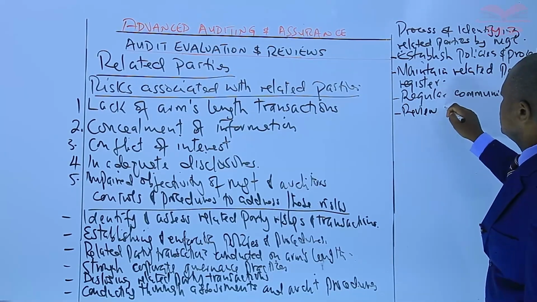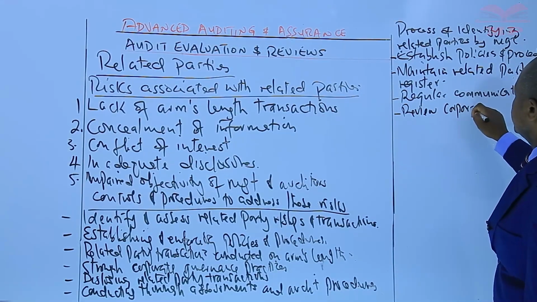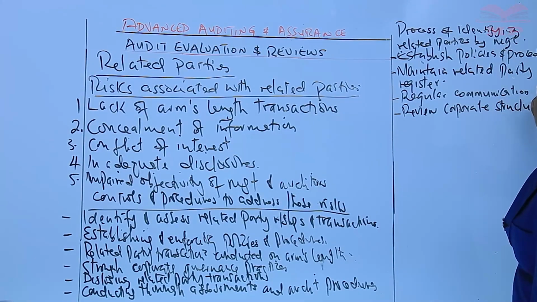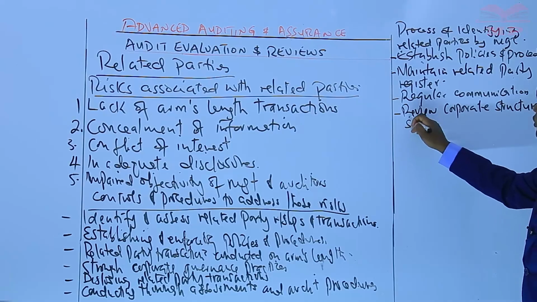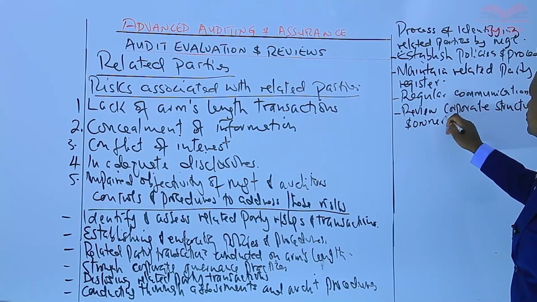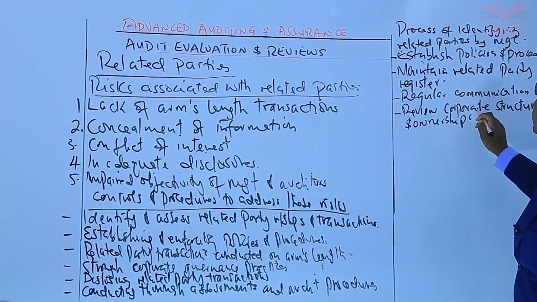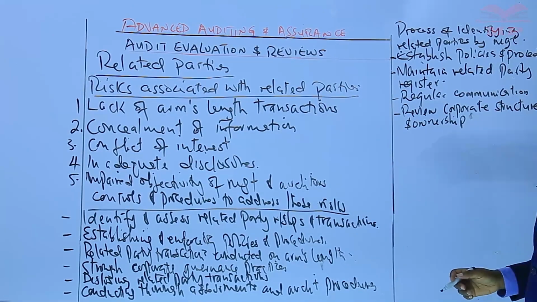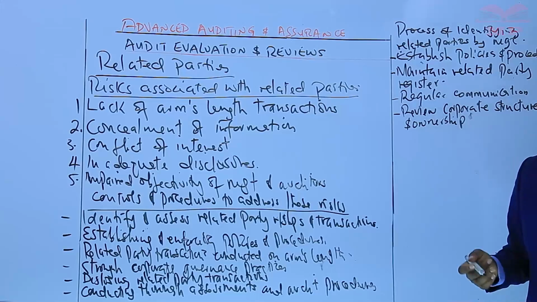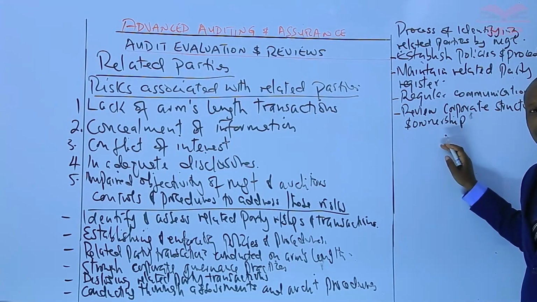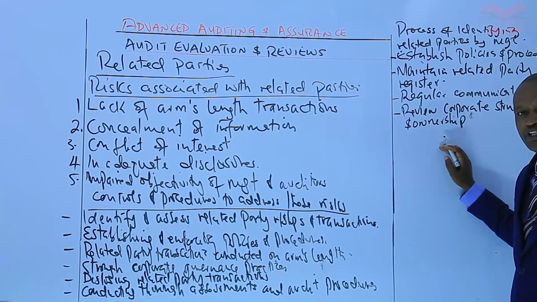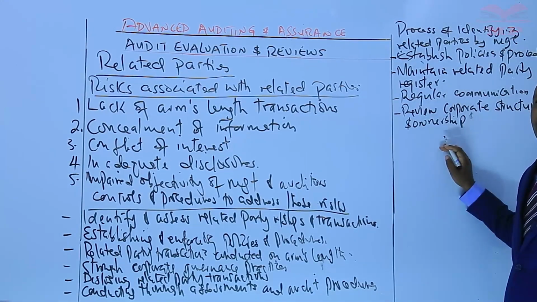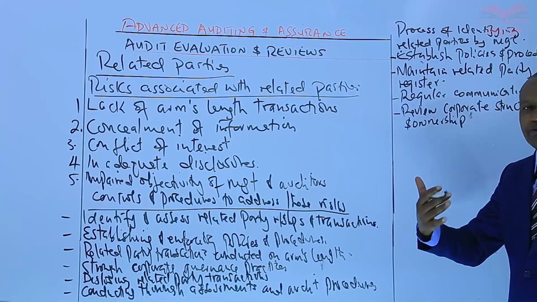Review corporate structure and ownership. The management should review the entity's corporate structure, ownership, and governance in order to identify any related party relationships.